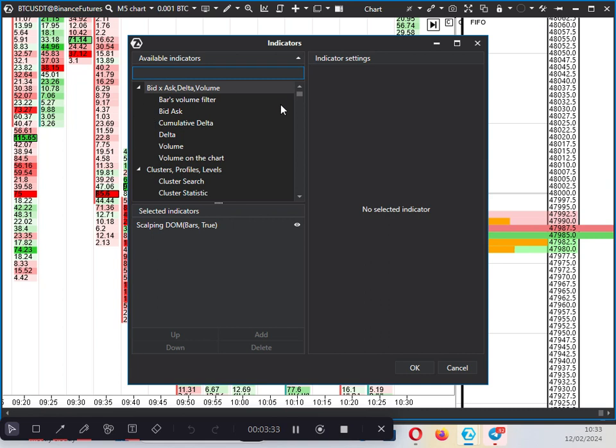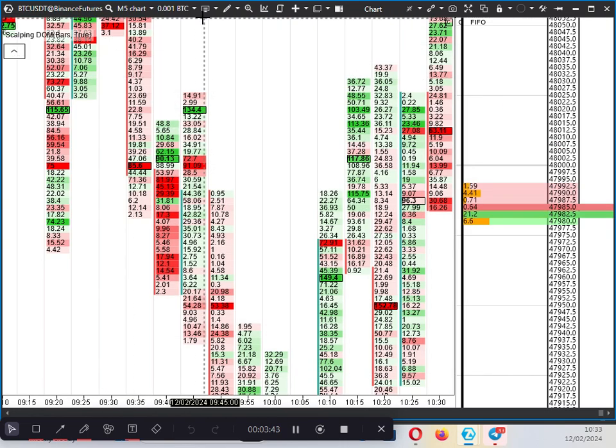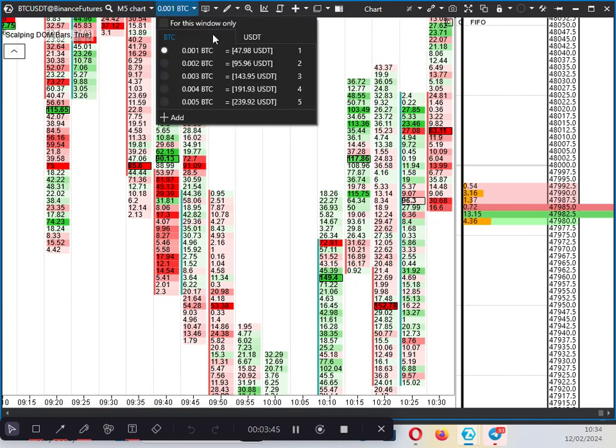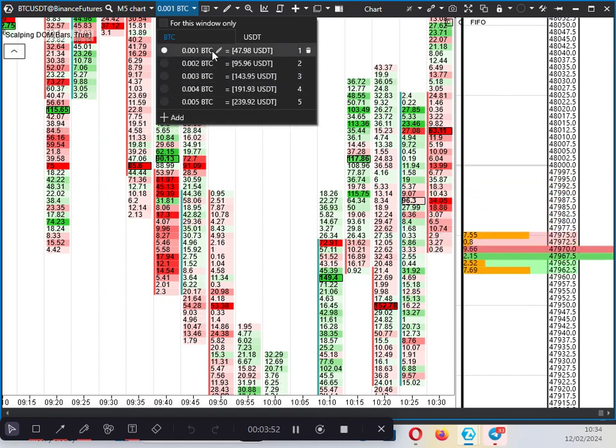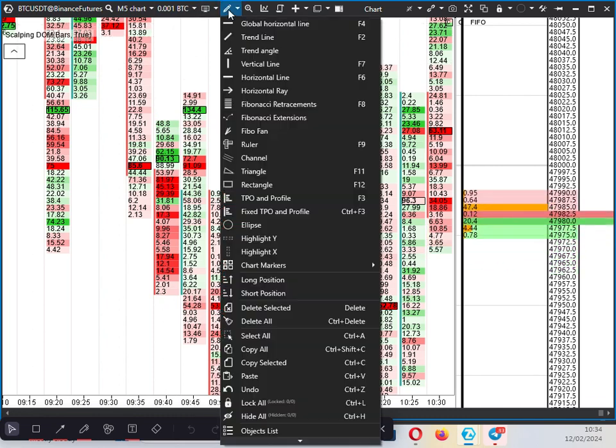We've also got indicators here, literally every indicator you can think of. Just have a little play around with it, see what you think. And this is just telling you how much 2 BTC, and I don't use that either. There's none of this stuff up here I really use.